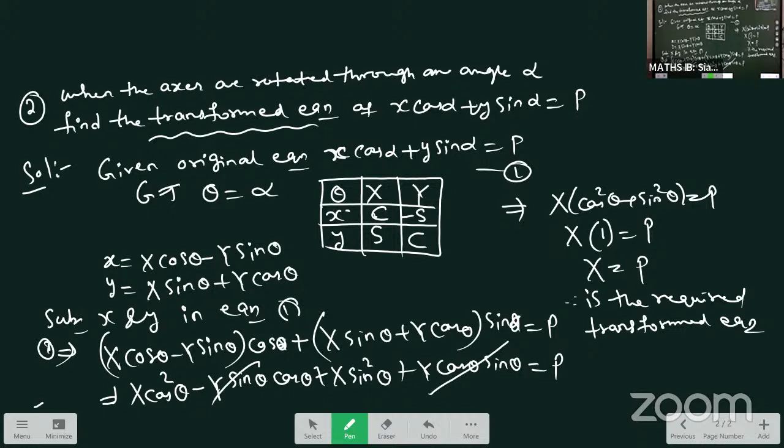Next, question number 3. The same, when the angle is given, how to find out the original equation. The question goes like this.